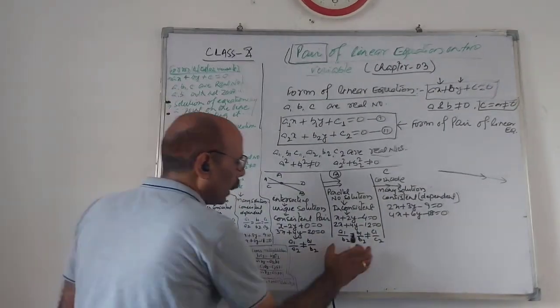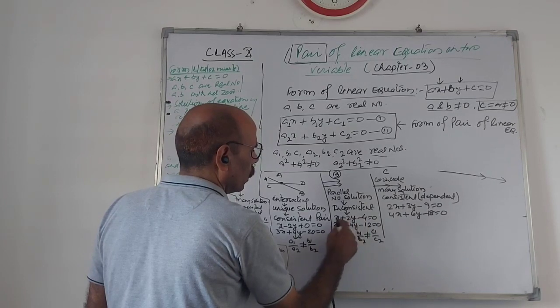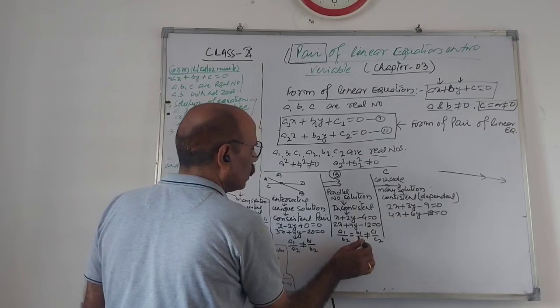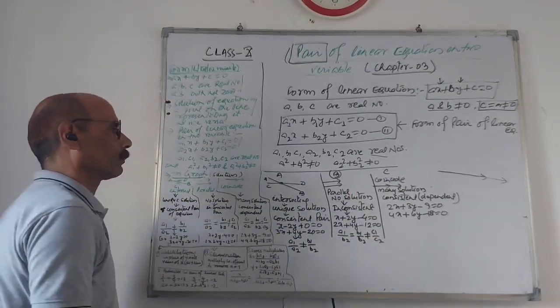If a situation like this comes with the coefficients A, B, C, this is an indication that these two equations are parallel.